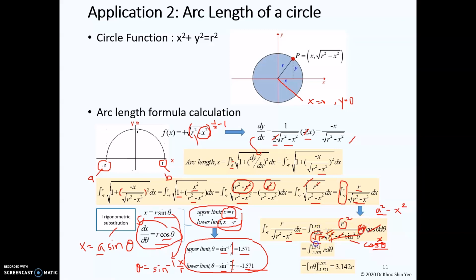Then here you have square root r squared, so you need to take r squared divided by r, so in total you only have r here. Integrate the r with respect to the angle, you obtain r angle. So you can substitute the upper limit minus the substitution with the lower limit, then you should obtain this final answer. So this is the circumference for the upper part here.